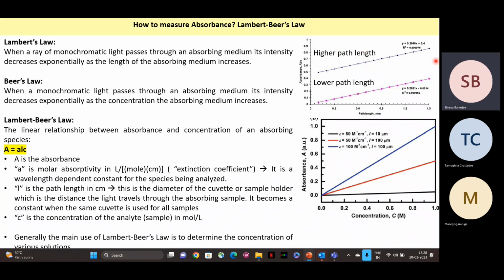When the path length is higher, the absorbance is high. This is Lambert's law. Beer's law states that when a monochromatic light passes through an absorbing medium, its intensity decreases exponentially as the concentration of the absorbing medium increases.